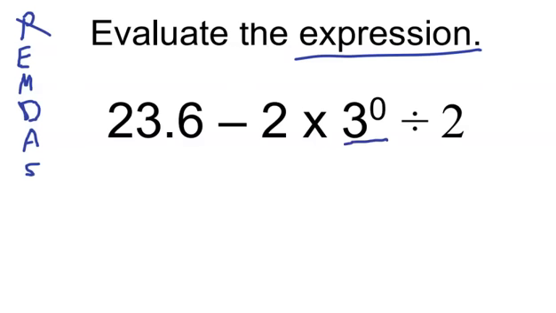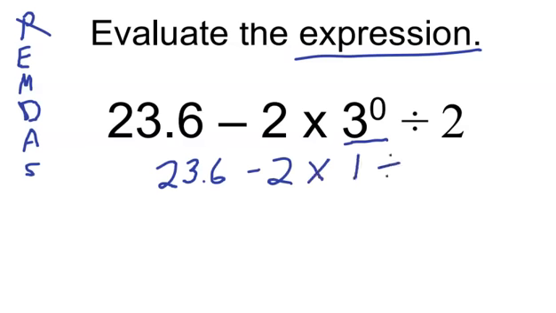And this is a little advanced, I think, for 6th grade, but let's just go over it. 3 to the 0 power. Guys, any number to the 0 power, it's actually pretty easy. It's just 1. There are a lot of different explanations on why that is, and it's all kind of a little bit confusing, but all you need to know really is that any number to the 0 power is 1.